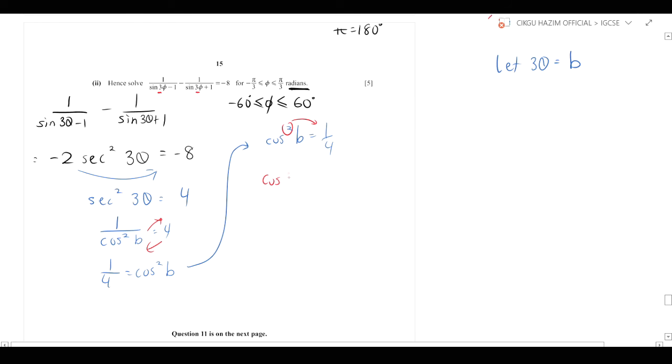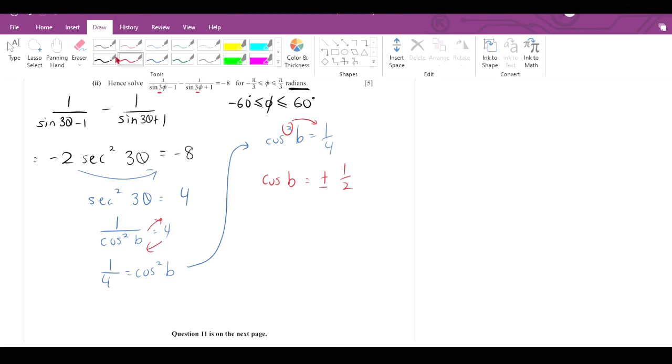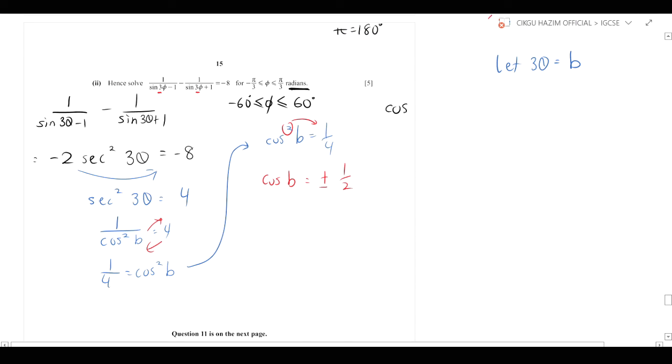Then cos b equal to plus minus 1 over 2, because the square root of 1 over 4 becomes plus minus 1 over 2. And here saying that we have two kinds of answers. What does it mean, two kinds of answers here? Because here we have cos b equal to positive 1 over 2, and cos b equal to negative 1 over 2.